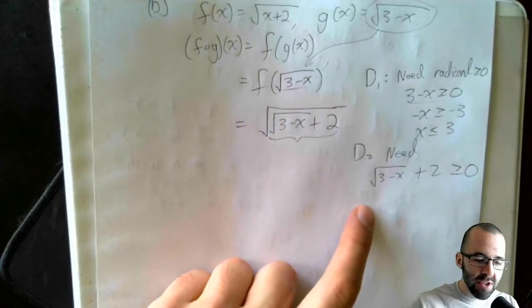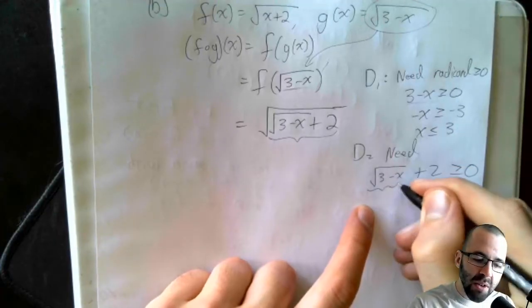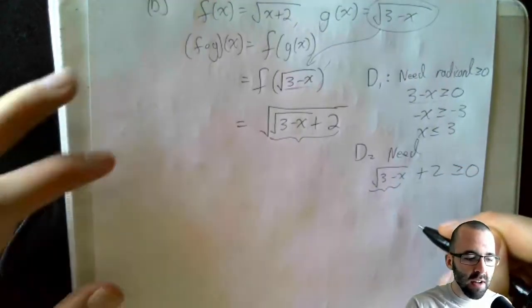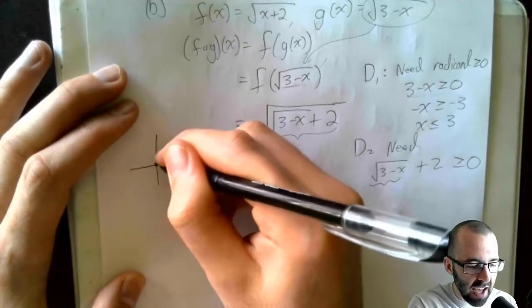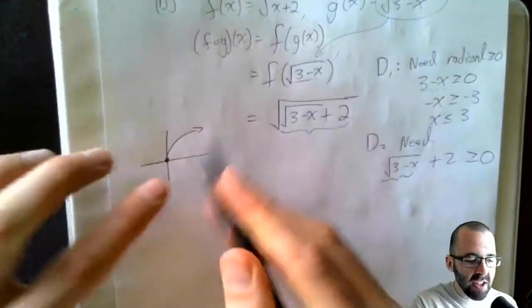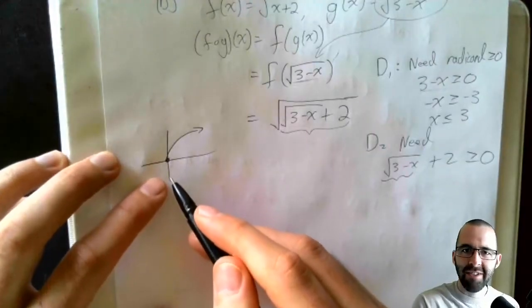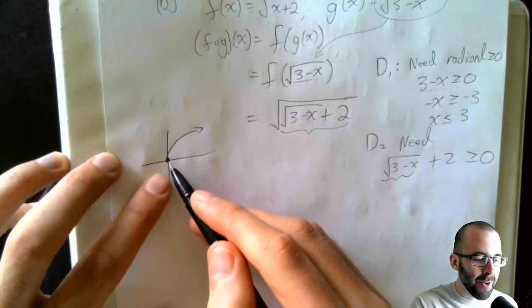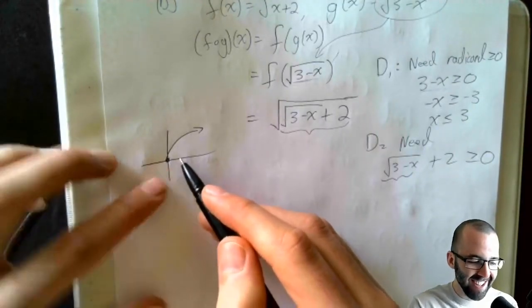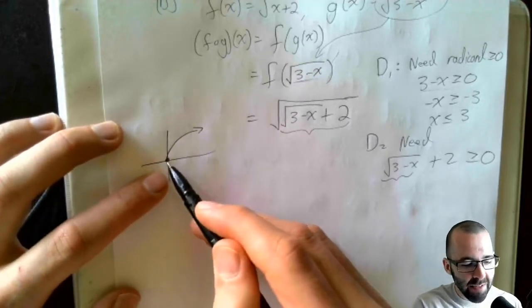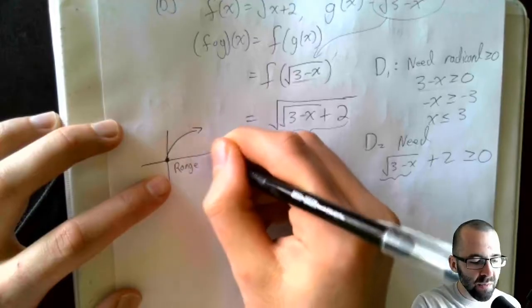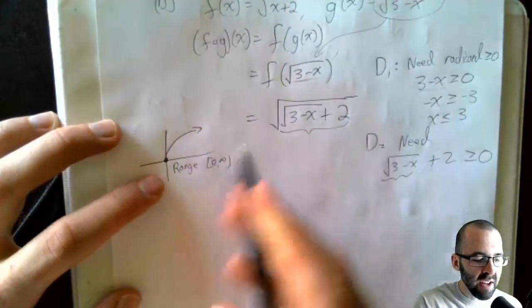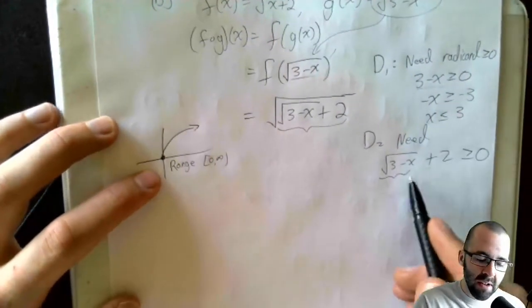What is the range of a square root function? You remember square root functions, right? They look like this. They kind of look like half of sideways parabolas. Range was the y values. What is the range of this? It was 0 to infinity. So the range is never negative.